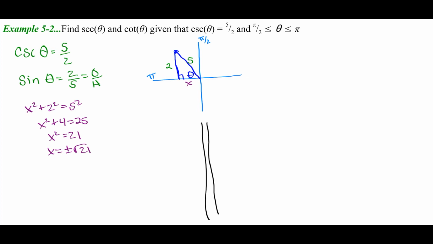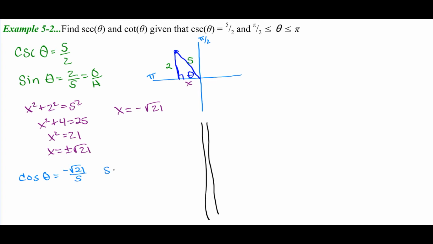Again, looking at my quadrant, I'm finding an x coordinate in quadrant 2, so I know I want the negative value. So we're going to say x is negative radical 21. Square root 21 cannot be simplified, so we can just leave it like that. And now we're going to go ahead and find our values. So we need to find secant. So in order to find secant, I would want to know cosine. So my cosine value is going to be negative radical 21 over 5.